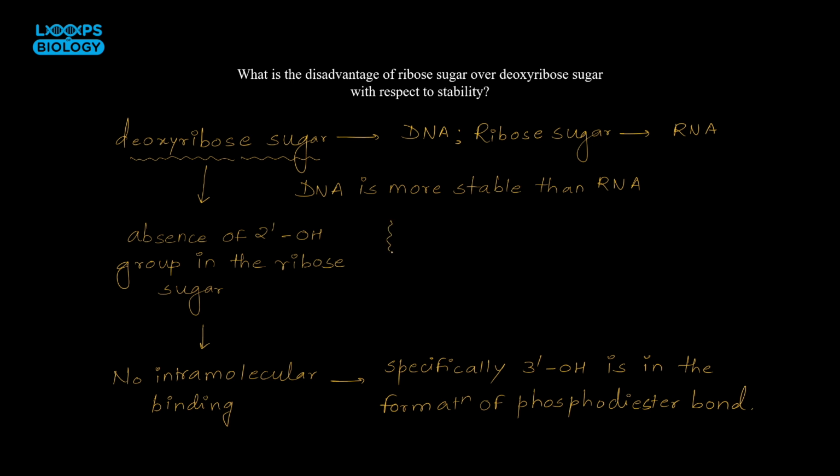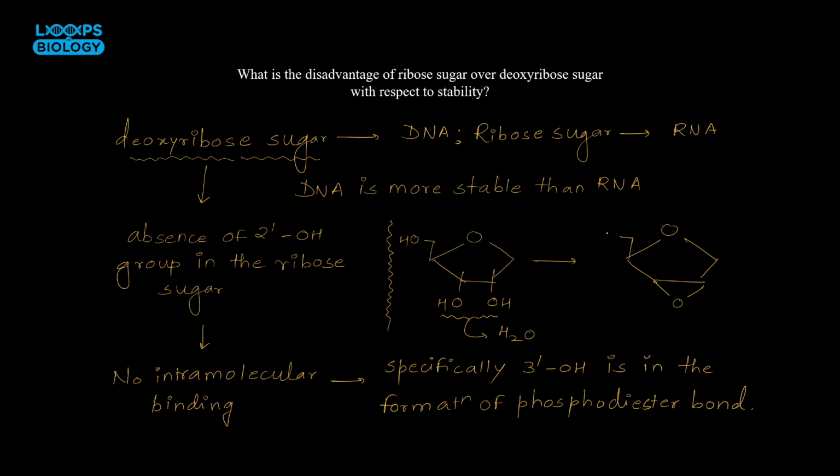But in the ribose case, whenever I am talking about ribose sugar, it has the presence of two hydroxyl groups in close proximity again. And whenever there is a presence of hydroxyl groups in close proximity, what we are going to do is remove water. After the water is removed, this kind of structure can form.